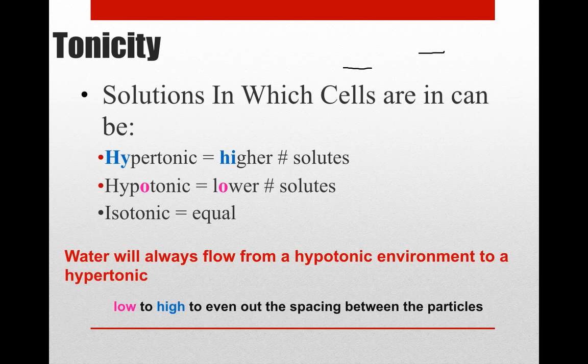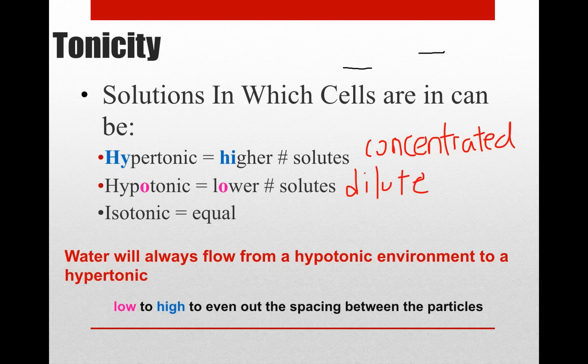So this would be very dilute. So a hypertonic solution would be concentrated, and hypotonic would be very dilute, or a lot of the solvent, whatever that may be. Or it could be an isotonic, which means that the cell equals the solution, meaning they have the same concentration.